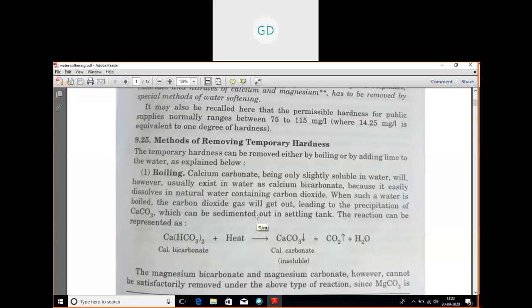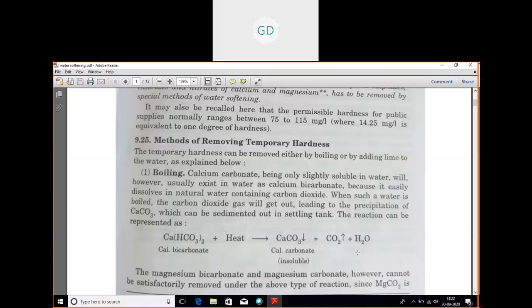Okay, it gives a precipitate of calcium carbonate, and carbon dioxide gas is evolved. It doesn't need much explanation, I guess, because you have to remember the chemical equation. You see here, the calcium bicarbonate equation is given. So when you heat it, calcium carbonate precipitates, and carbon dioxide gas is evolved out.